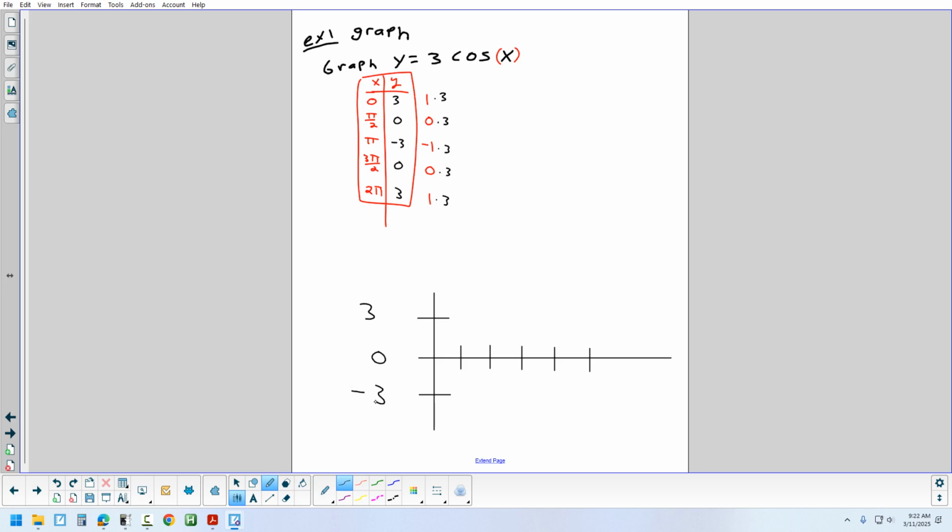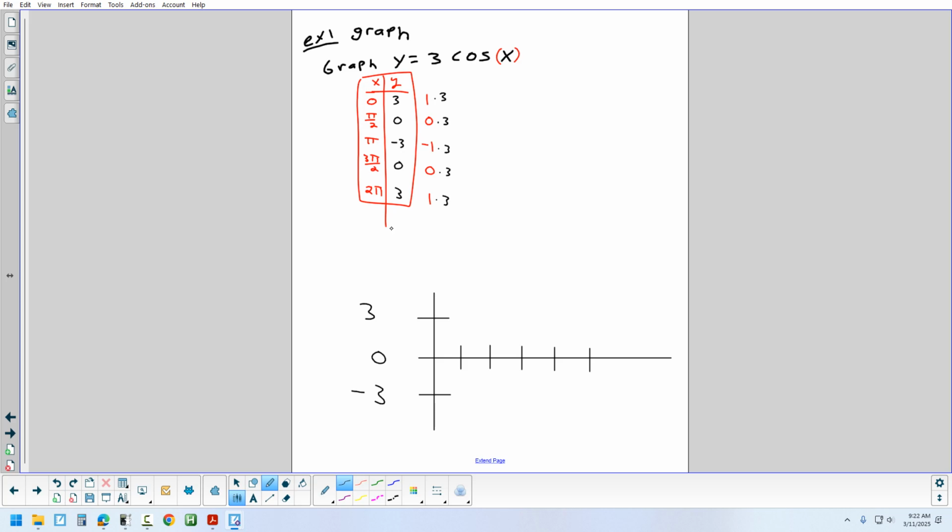That way, no matter what problem you give me, it's going to fit on that grid right there. All I'm going to do is go by 3s instead of 1s on the y-axis. That would be really handy especially if I multiplied it by like 30. I don't want to have to draw the graph 30 times as big. So I just change my scale. What that means is basically every graph I do today is going to look the same because my scale is going to be changing.